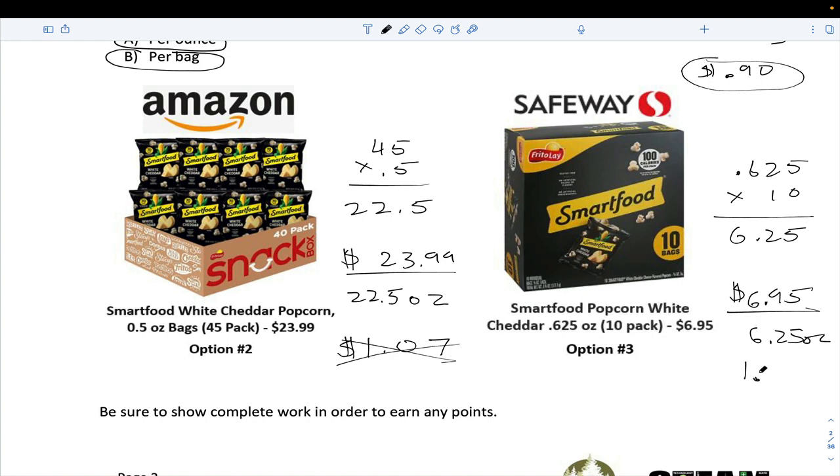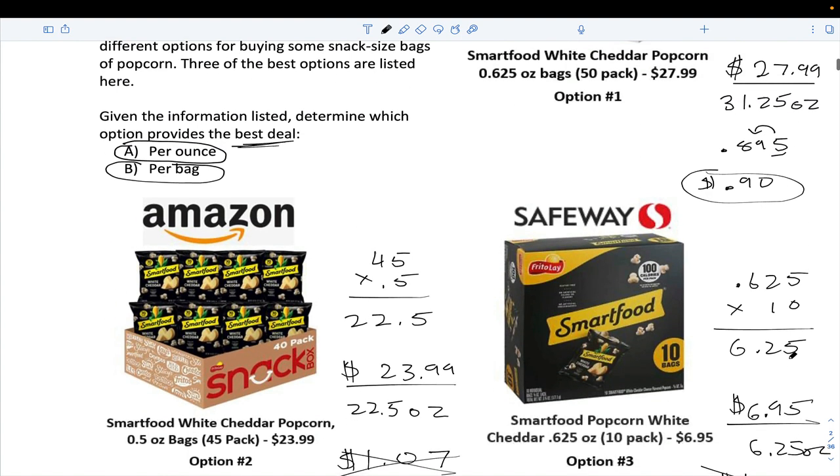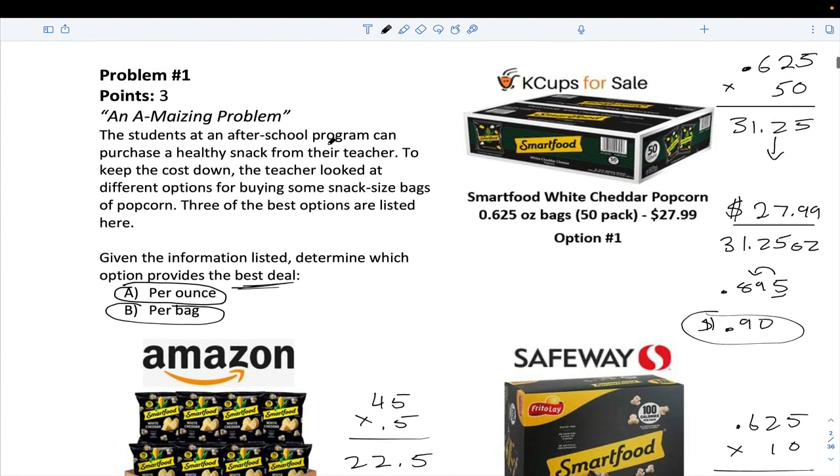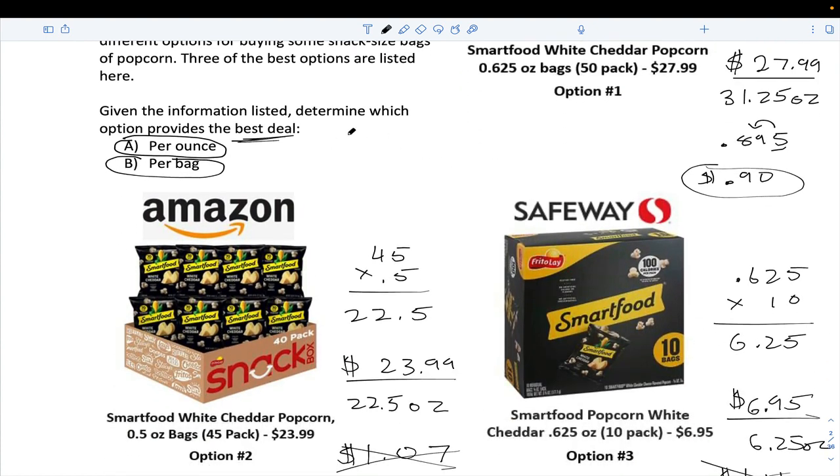Okay, so we just did 3 calculations, and we can say that the K-Cups site is 90 cents per ounce, so it's the cheapest.